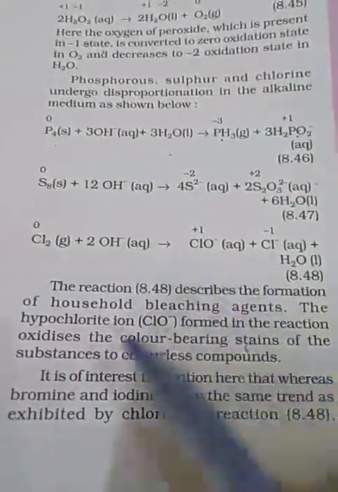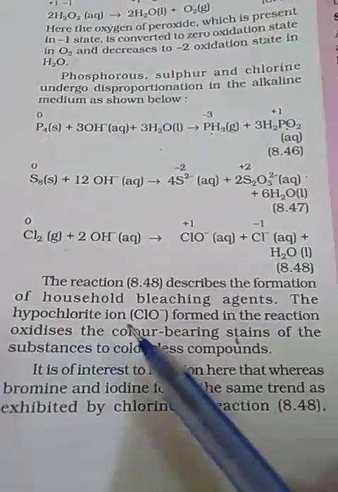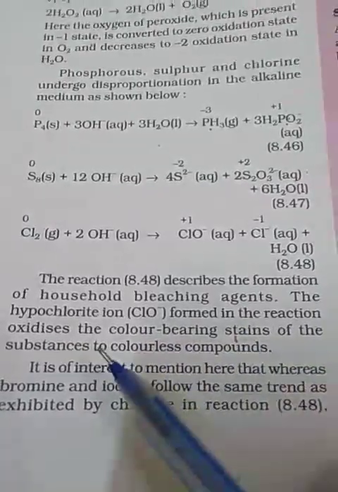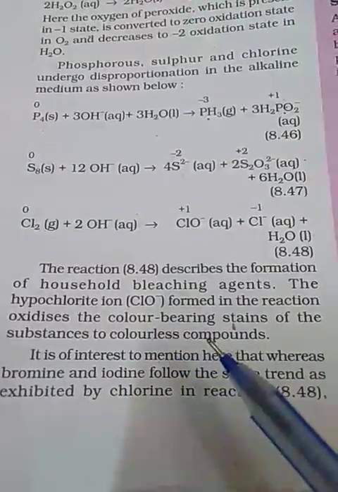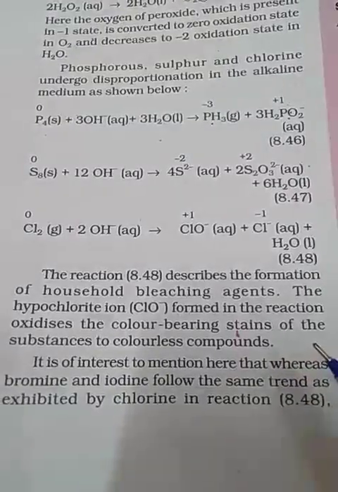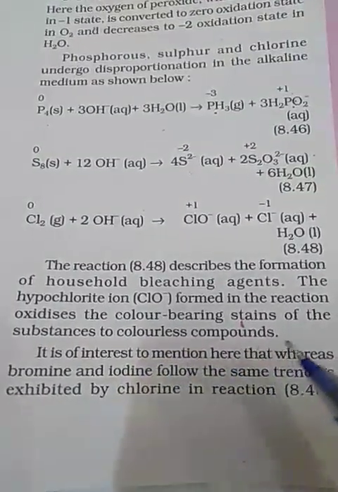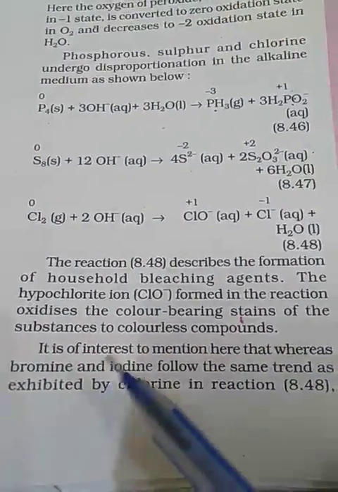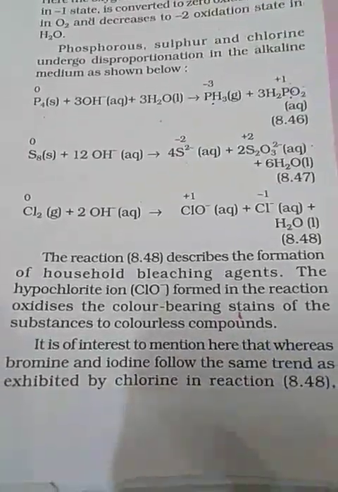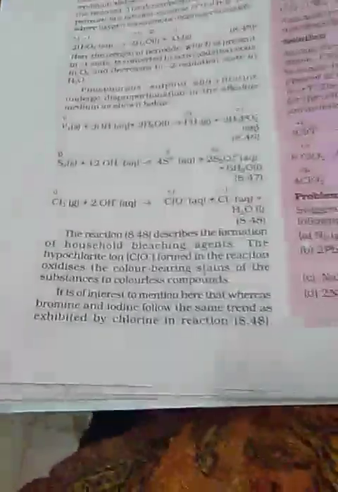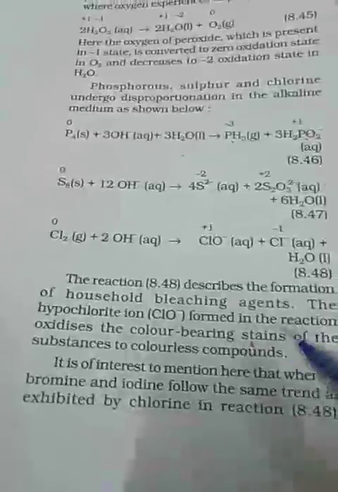The hypochlorite ion formed in the reaction oxidizes the color-bearing stains of the substance to colorless compounds. Okay, bleaching agent, no? If you want to remove the color from a colored compound, that is called the bleaching agent.